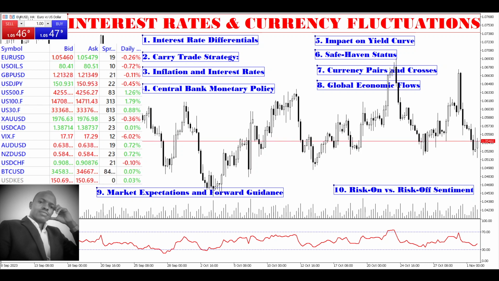The next element we look at is central bank monetary policy, and we see that central banks use interest rates to manage their economies. Typically, a hawkish central bank, which signals a willingness to raise interest rates, can strengthen a currency. On the other hand, a dovish central bank, which indicates a preference for lower interest rates, can weaken a currency.